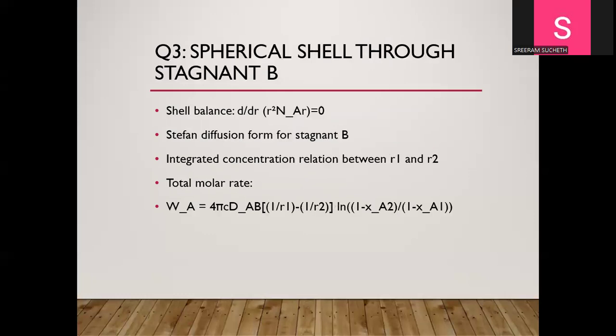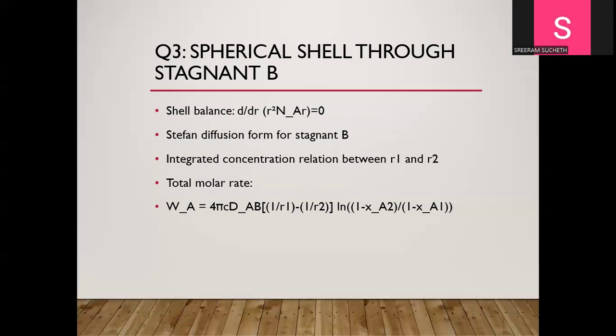In the next question, it is based on a spherical shell and diffusion through stagnant B. This problem extends spherical diffusion through a shell into stagnant B. Applying shell balance and Stefan diffusion equation, it gives the molar rate expression between the two radii.